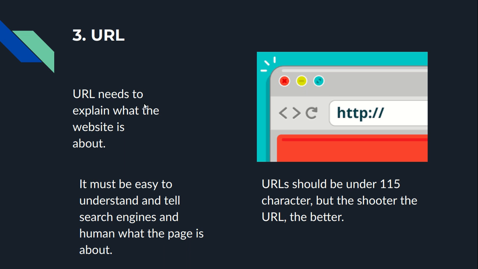URLs need to explain what the website is about. It must be easy to understand and tell search engines and humans what the page is about. URL should be under 115 characters, but the shorter the URL, the better.